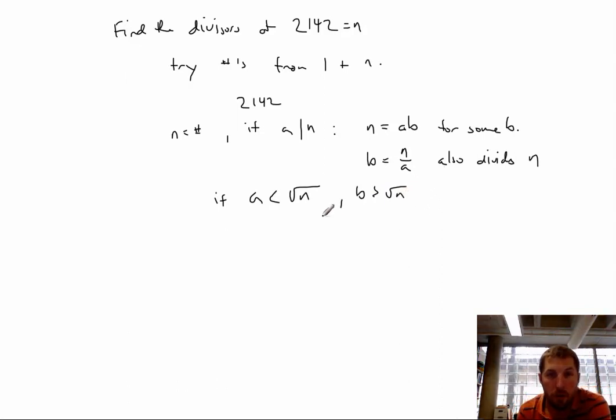All right, so in particular, we can just limit our search to trying numbers that are above or below the square root of n, and since smaller numbers are invariably easier, we always start with numbers smaller than the square root of n.